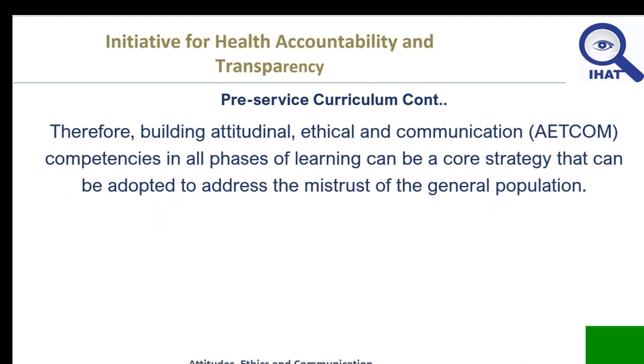Therefore, building attitudinal, ethical, and communication competencies in all phases of learning can be a core strategy adopted to address the mistrust of the general population.